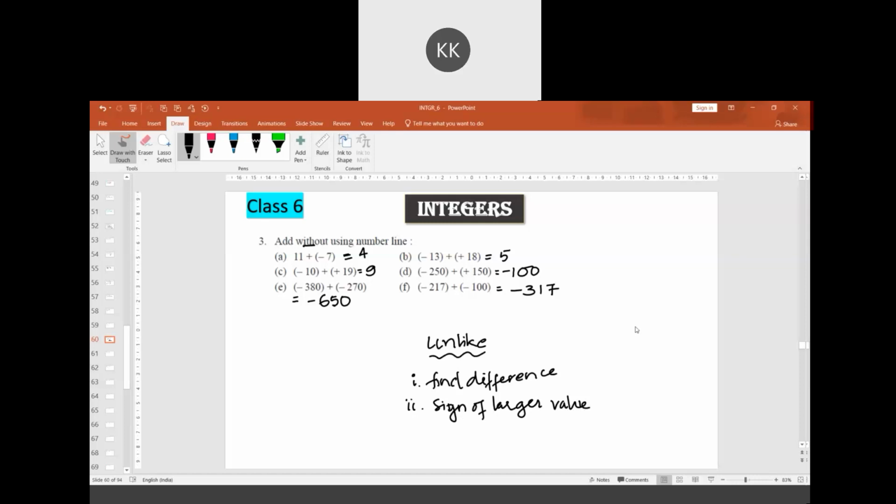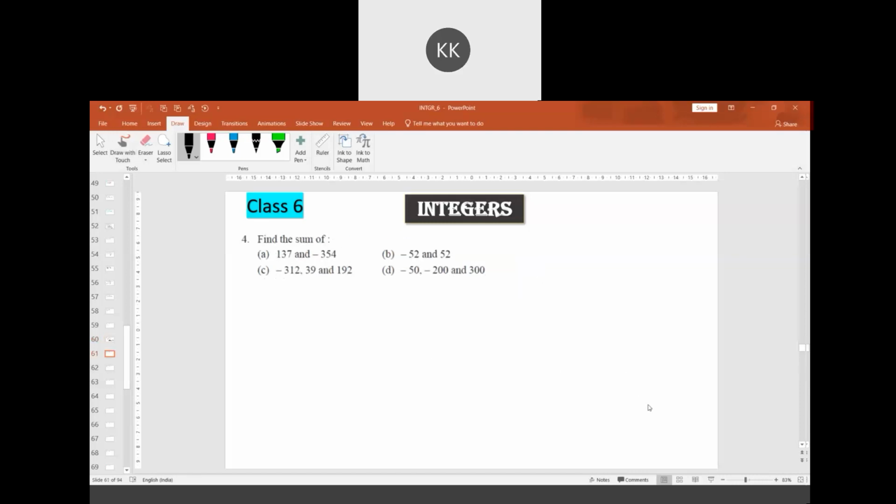This is for unlike. For like integers, what we are going to do first is we are going to add them. We will not find the difference, we will do the addition. Next, we have to take the same sign. Hope it's clear to you.